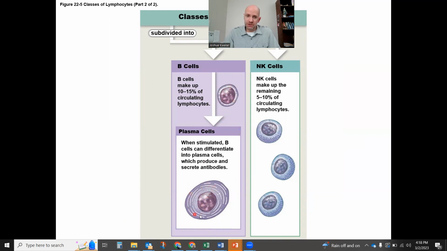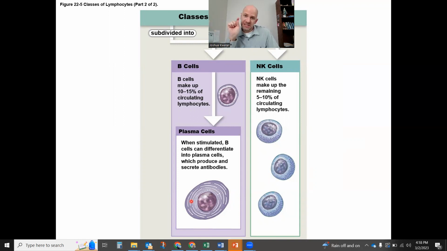Notice that what's surrounding the nucleus here is a bunch of endoplasmic reticulum, okay? That is the rough endoplasmic reticulum. Remember your cell biology? What's the rough ER doing? What you should think is, well, the rough ER is studded with ribosomes. That's rough versus smooth.